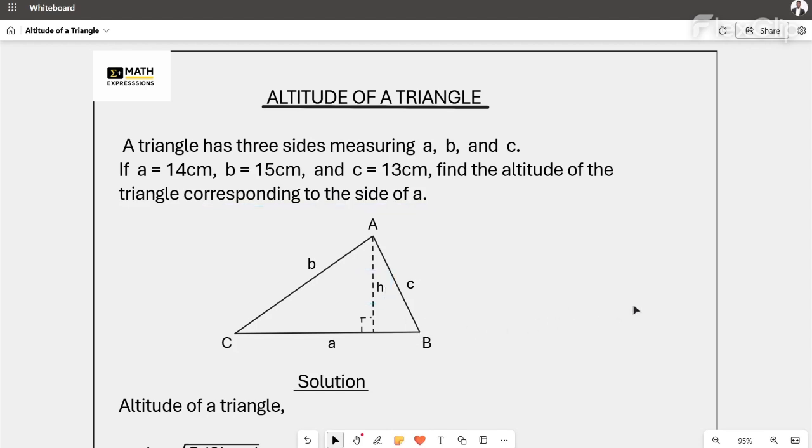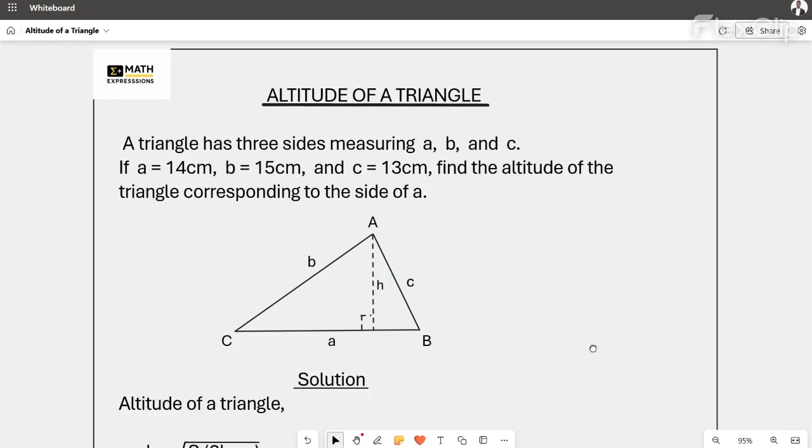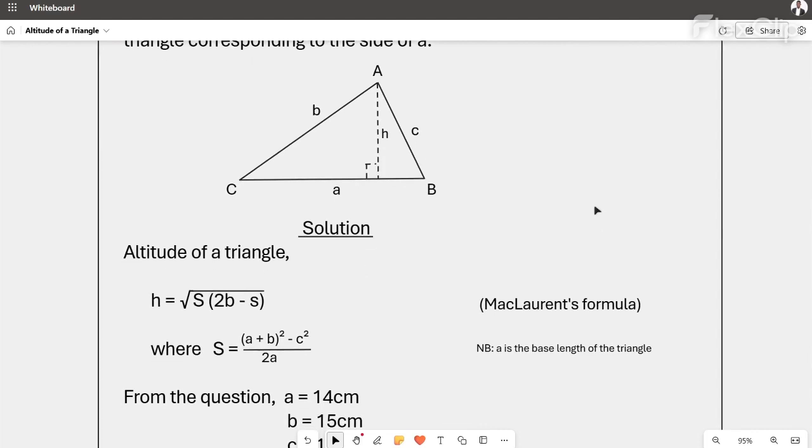No, we are not going to do any of that in this video. Instead, I will introduce a new formula to you that we will use to calculate the height of this triangle. Let's see how the formula looks and how it works as we move on in this video. Now let's go to the next step, which is the solution.